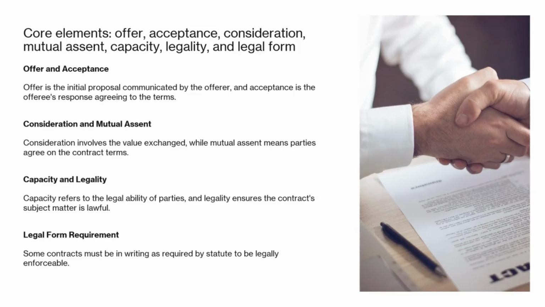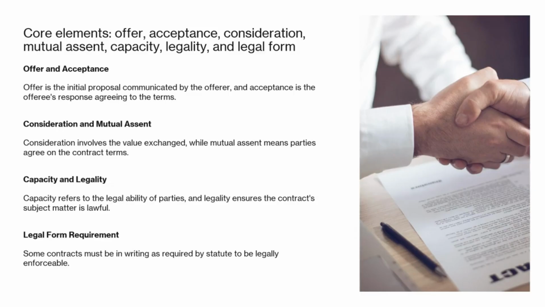Consideration and mutual assent. Consideration involves the value exchanged, and mutual assent means the parties agree on the contract terms. Capacity and legality are essential topics in contract law.